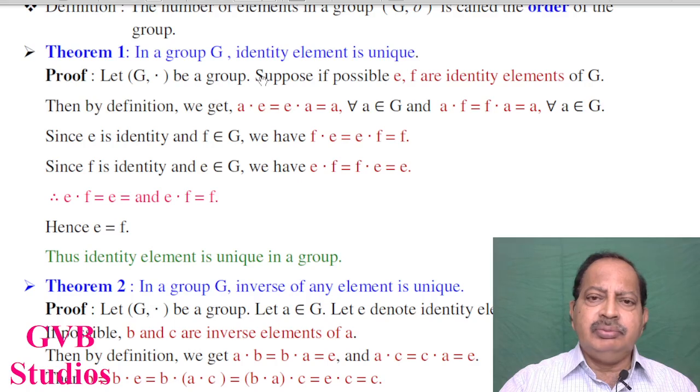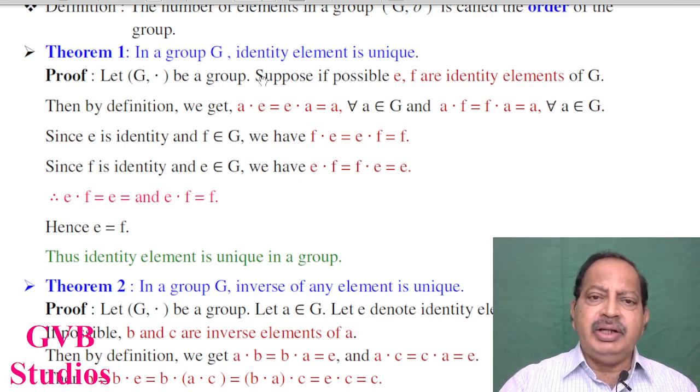Here we go to two important theorems. In a group, we have seen there is a property called the identity element. How many identity elements exist in a group? In our knowledge, in general, in the set of all integers, with respect to addition, there is a 0.